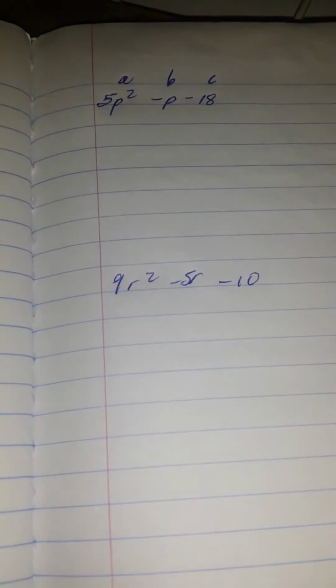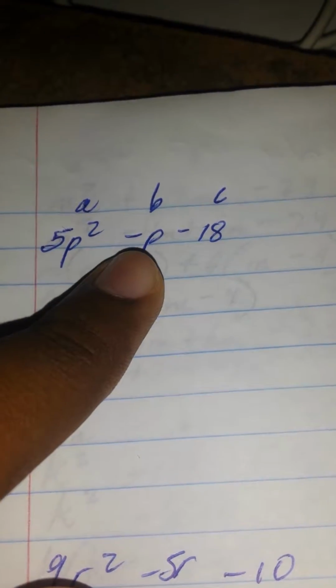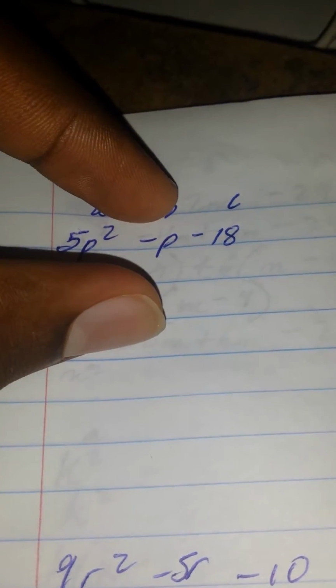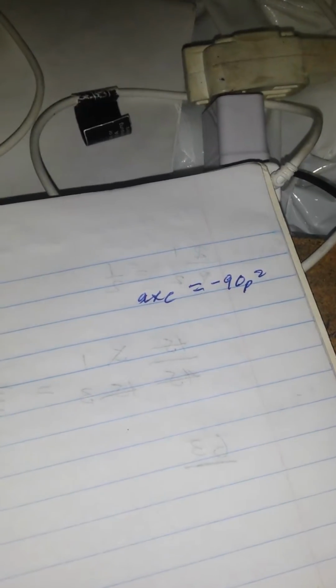Now, I would assume that you already viewed the previous video, but I still will go over it. Right? So you want to get two numbers that would add to make the B, minus p, and multiply to give the product of A and C. That's why we do the product of A and C and had this minus 90p squared.